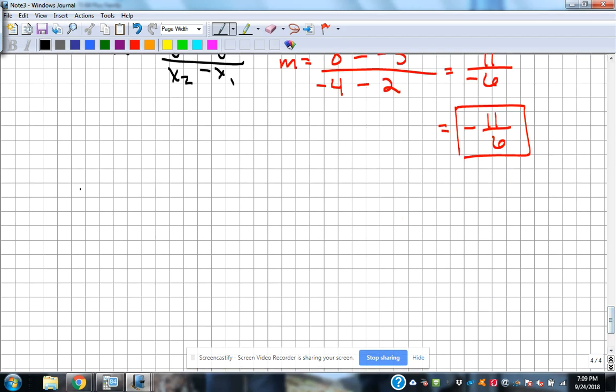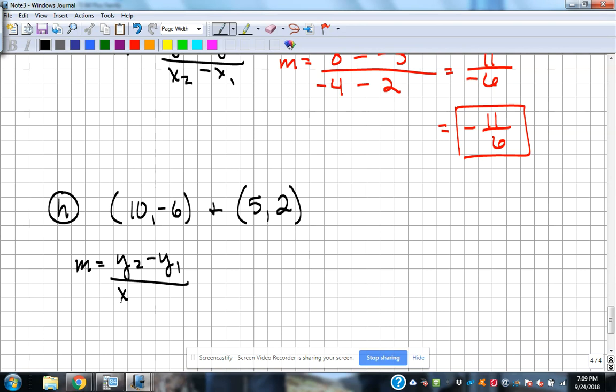Let's do it again. Here's our two ordered pairs, (10, -6) and (5, 2). We'll find the slope. That's all we're doing. m equals y2 minus y1 over x2 minus x1. Which y value do you guys want to start with? All right, 2 is bigger than -6, so we can start with 2.